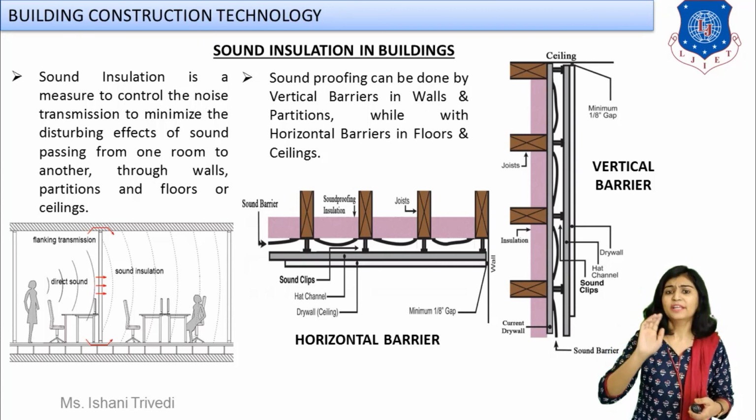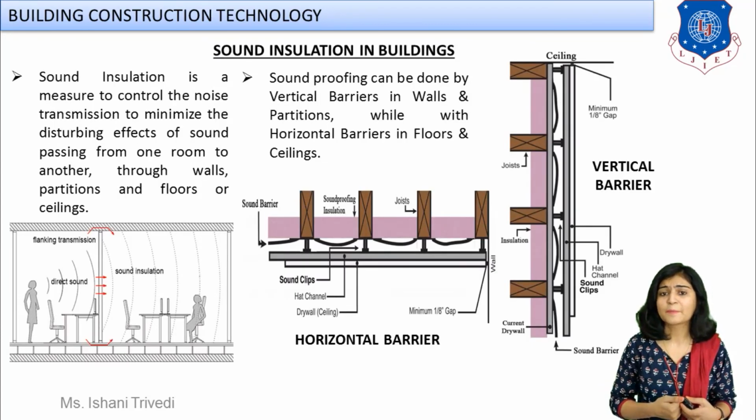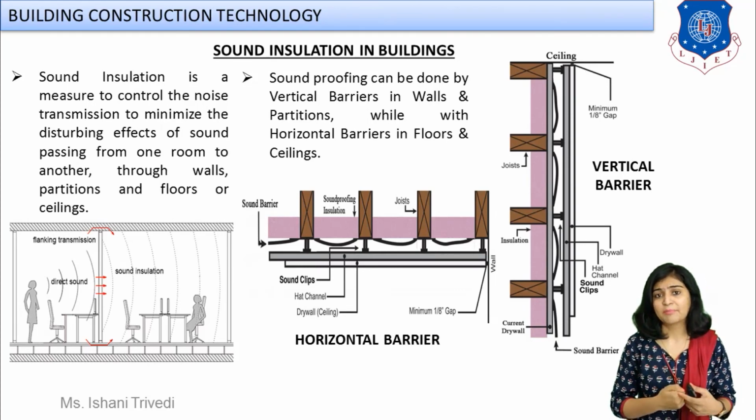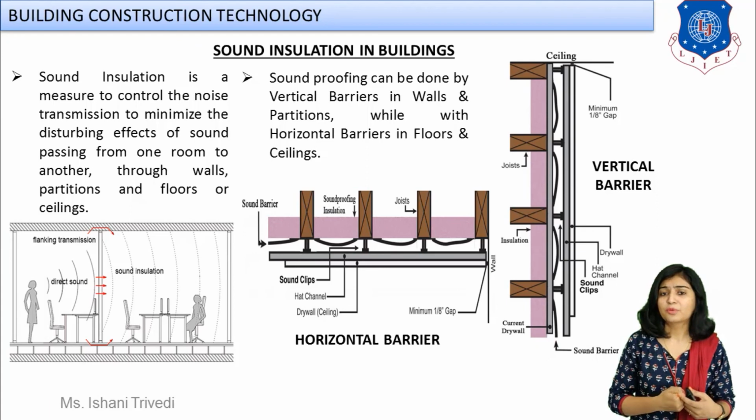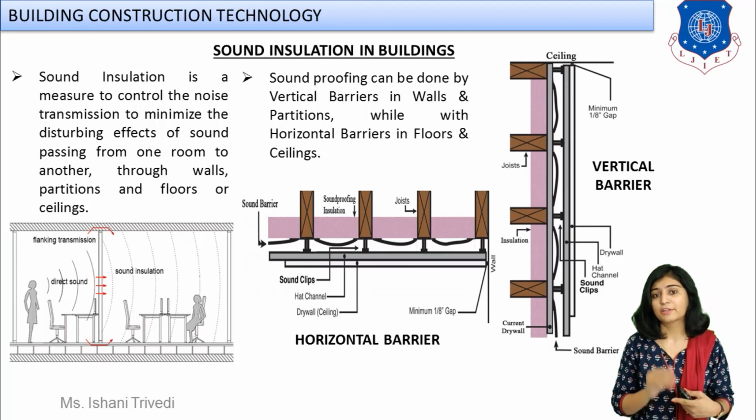Now, how can you do the soundproofing? Soundproofing can be done with the help of introducing barriers, right? You can provide vertical barriers that will be in the walls, and you can provide horizontal barriers that will be in the floor and the ceiling, right?